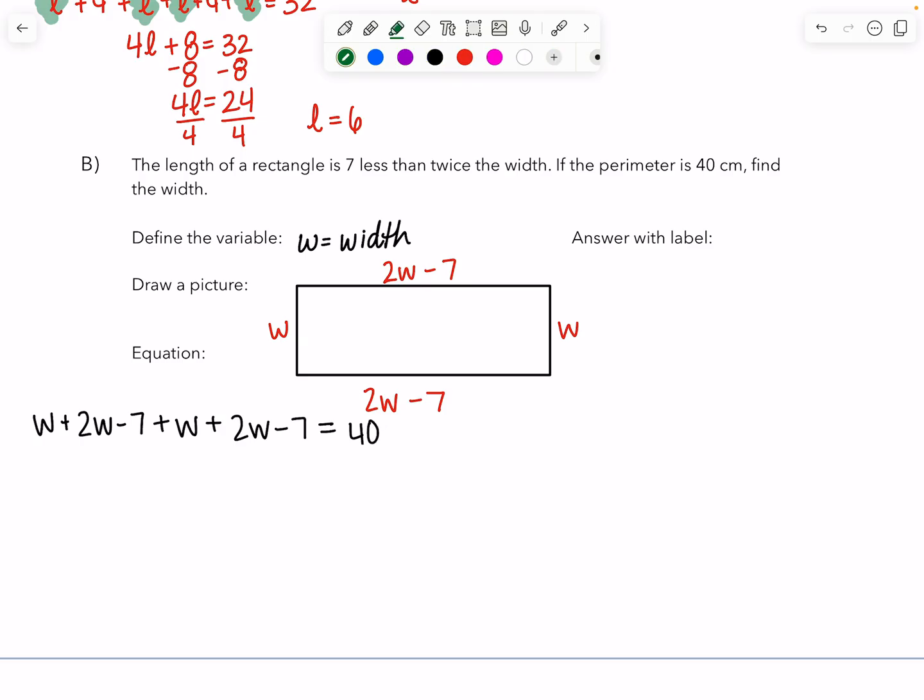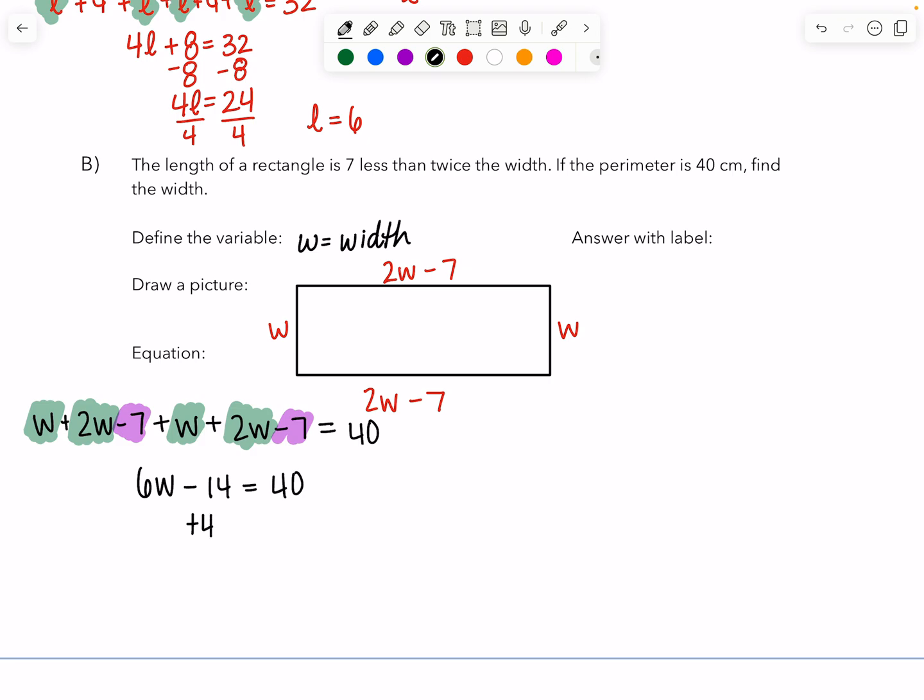All right, combine my like terms. We have W, 2W, W, 2W. So overall that is 6W. And then I have -7 and -7, so those are same signs, so minus 14 equals 40.